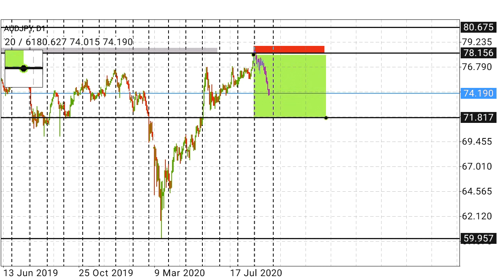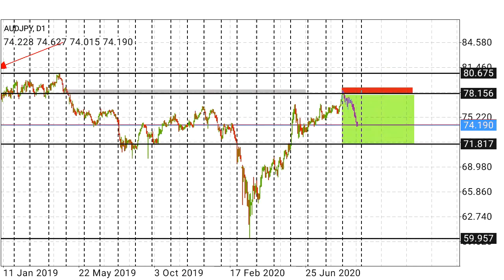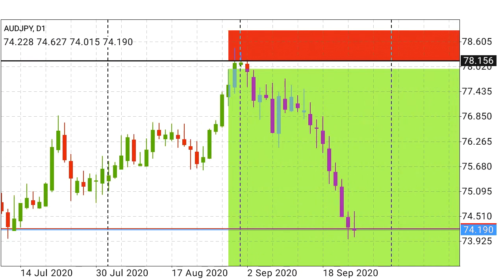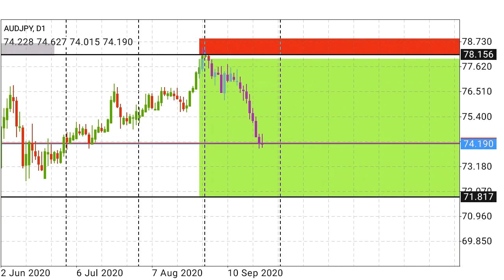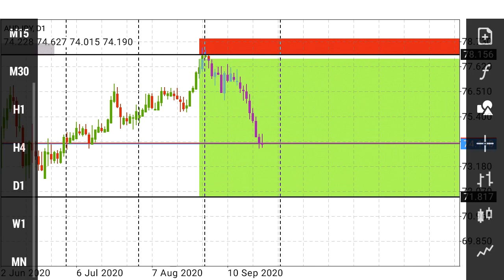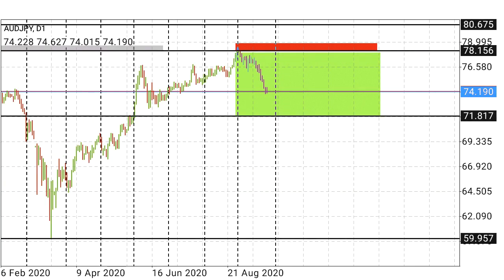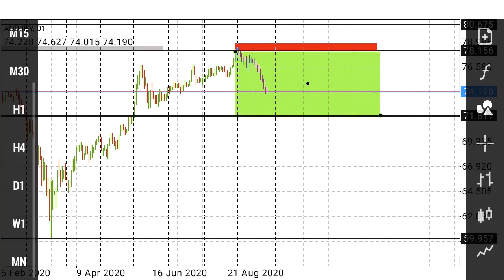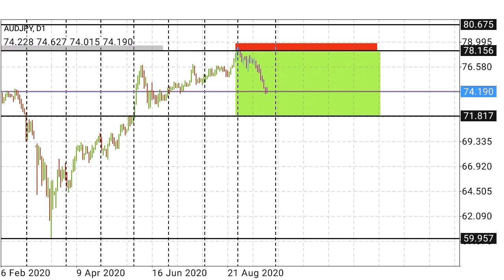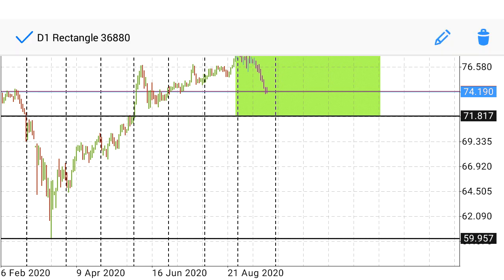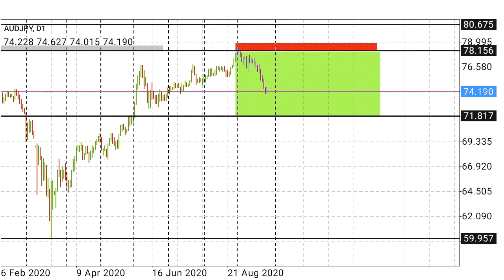I'm trying to show you guys how powerful price action is. Look at this. This thing is a bit crazy. You see, your red rectangle represents a stop loss.